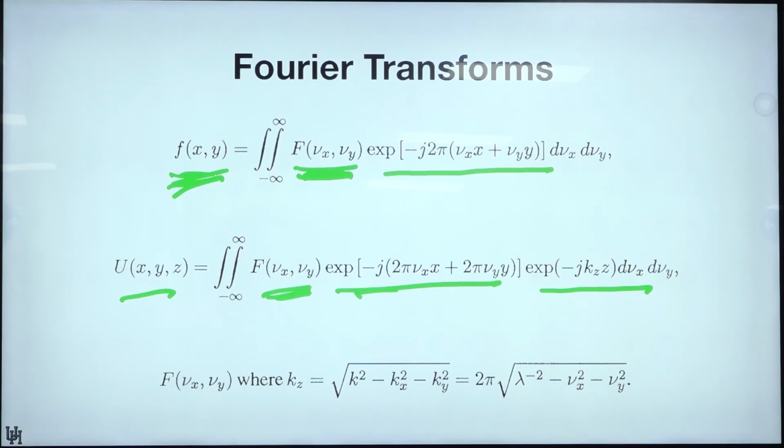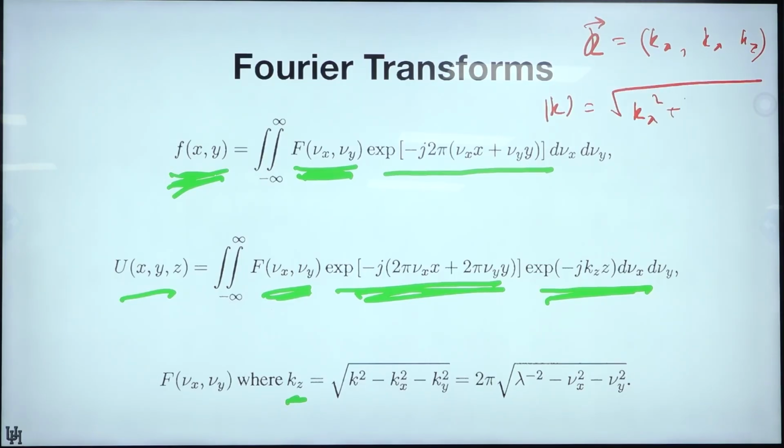So the x, y is over here, and the z is over there, because you have the relationship: the k vector consists of kx, ky, and kz. If you take the magnitude, it's equal to the square root of kx squared plus ky squared plus kz squared. Therefore, kx, ky, kz are not independent variables.